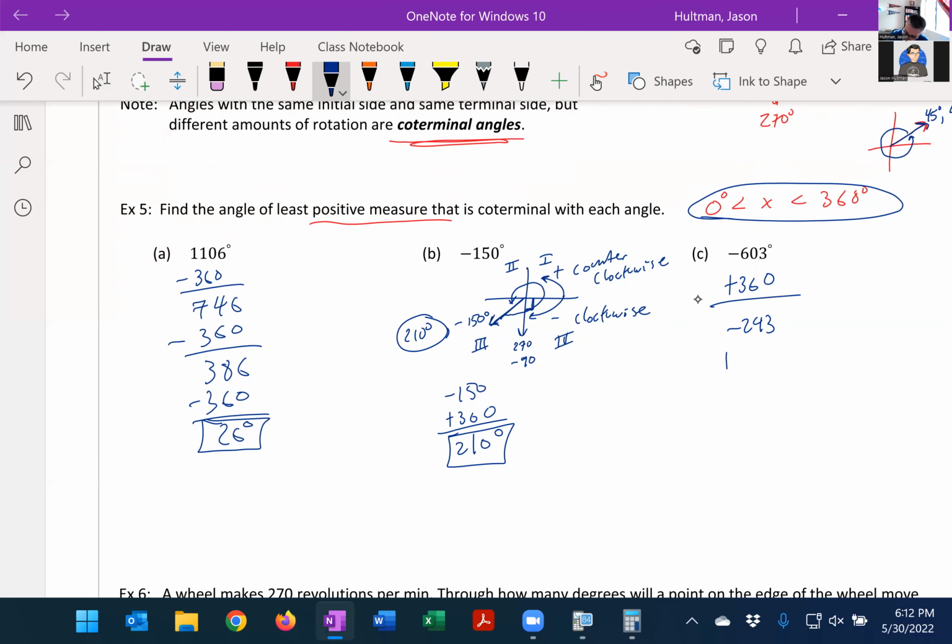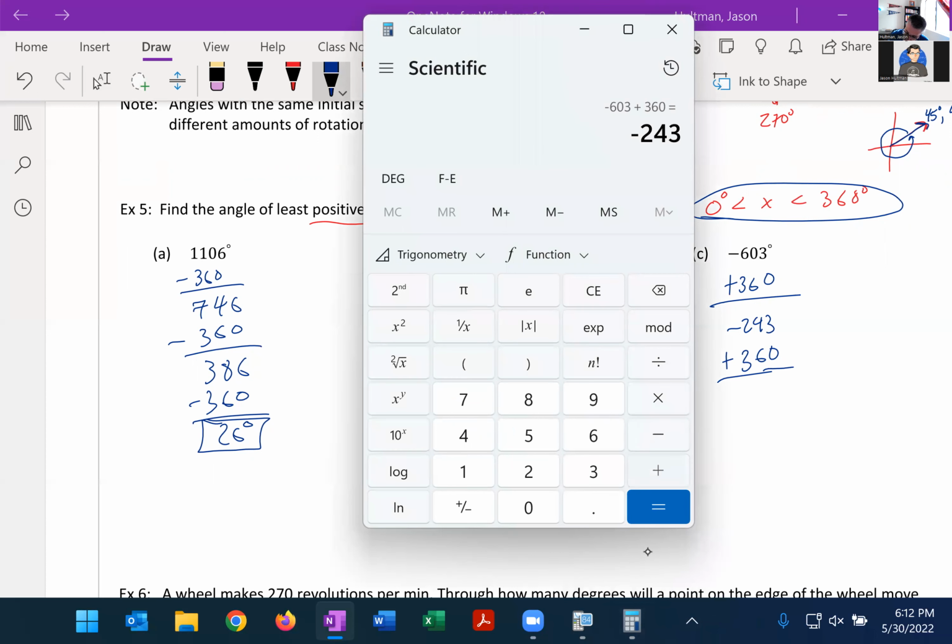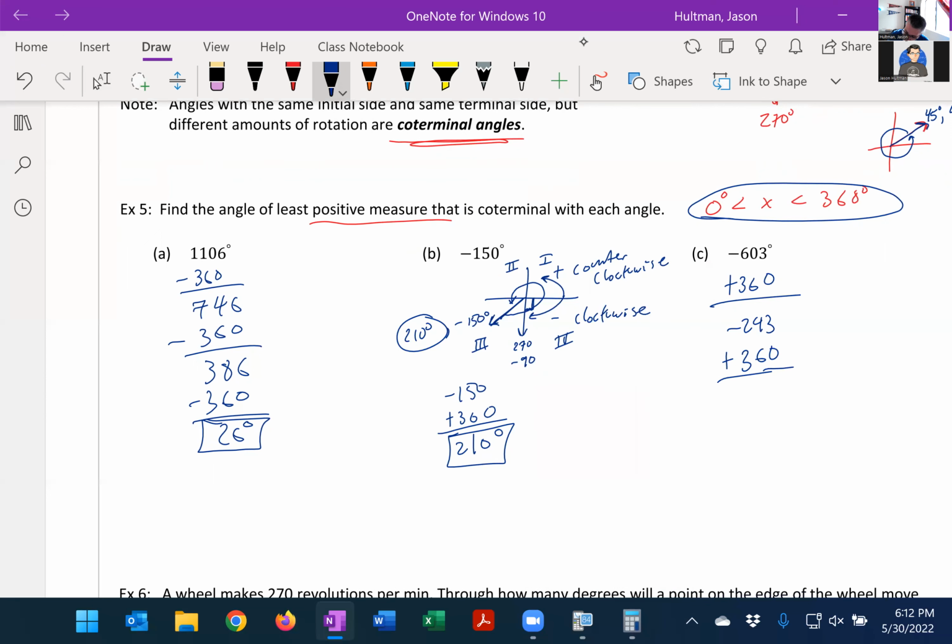Okay, and that's still not positive, so we're going to add 360 again. Negative 243 plus 360 is 117, positive 117.